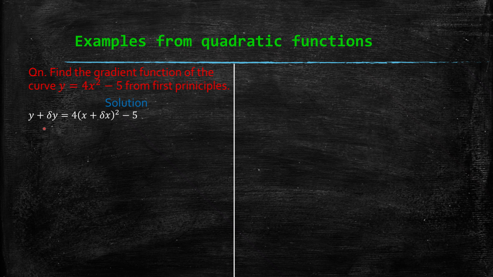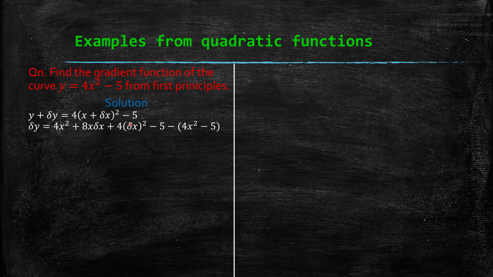We are going to introduce small changes, so small increments. That's so that our function becomes y plus small change in y is equal to 4 into x plus small change in x squared minus 5.